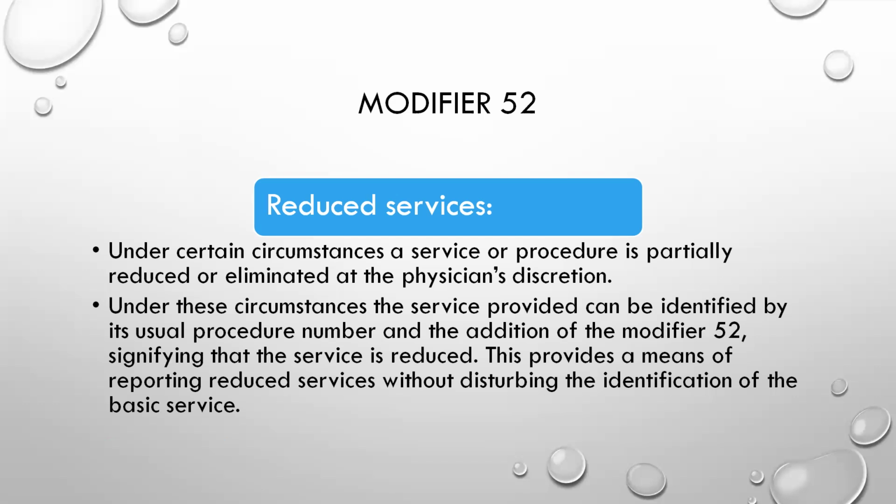So there are rules where, depending on how far they were able to get for that PCI, you can append a 52 modifier showing that the attempt was made and they were able to make it so far. So that's really one of the best examples I can give, but there are a lot of other reasons out there that a provider would reduce the services. Just make sure the documentation supports it.